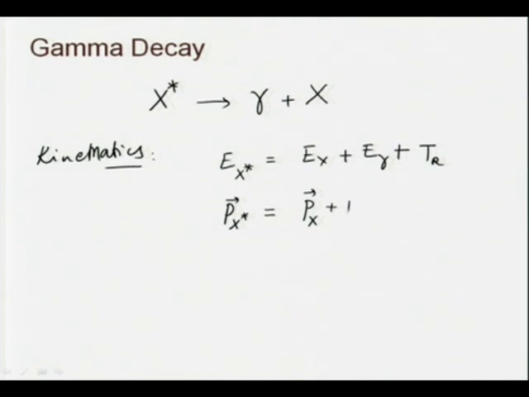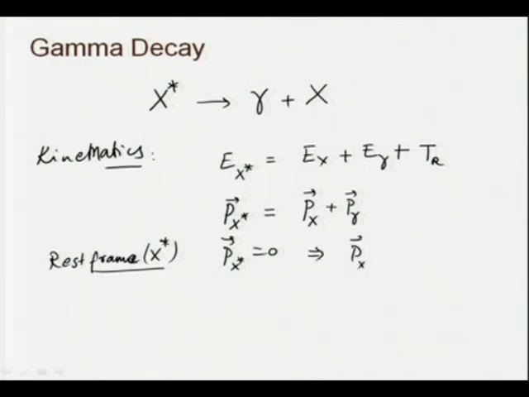P x and P of photon. Let us consider as usual the rest frame of the initial nucleus. In that case, we have P x star equal to 0, which will lead to P x equal to minus P gamma.